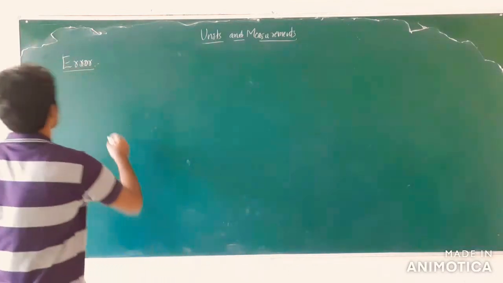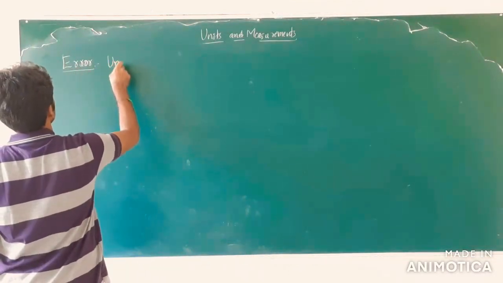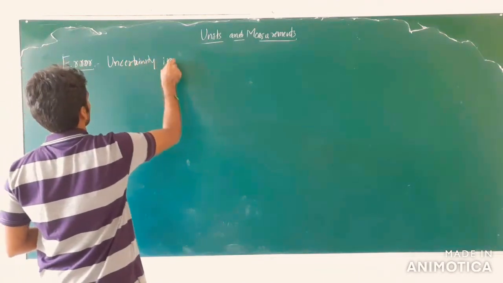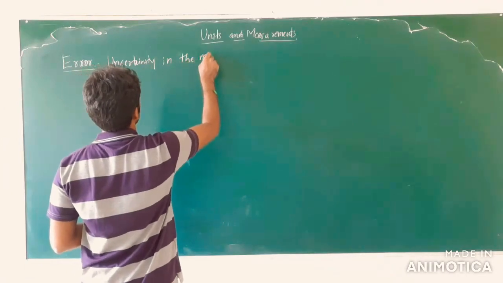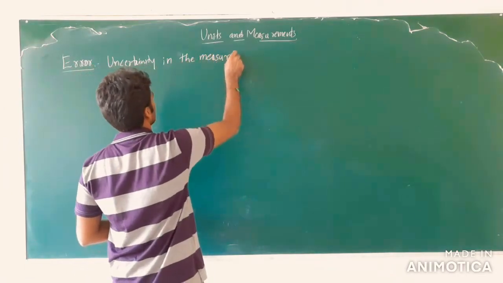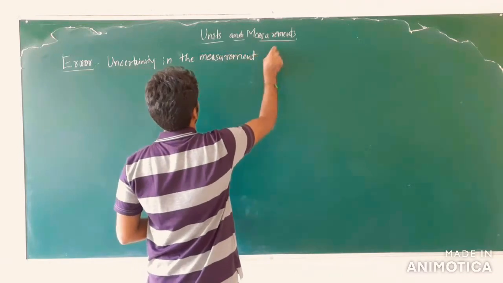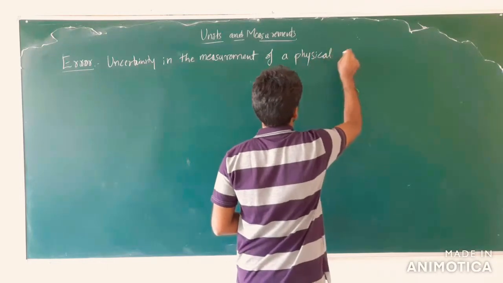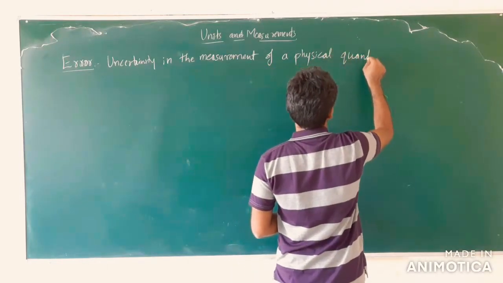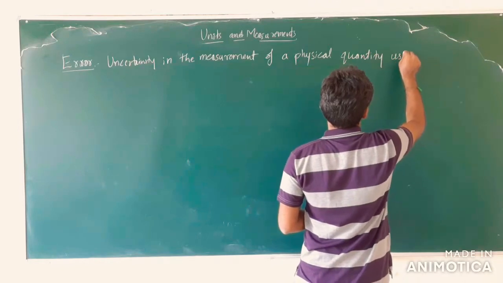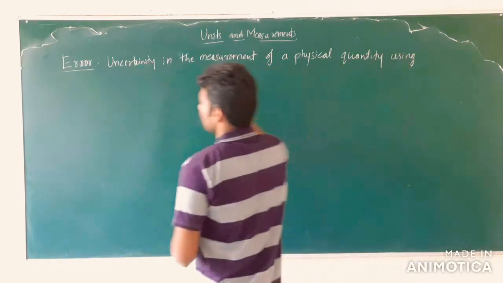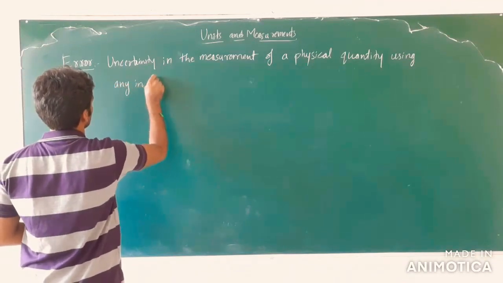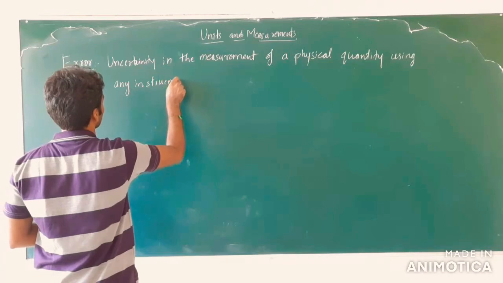So error is the uncertainty in the measurement of a physical quantity using any instrument. You can make use of any kind of instrument, you will always get errors.